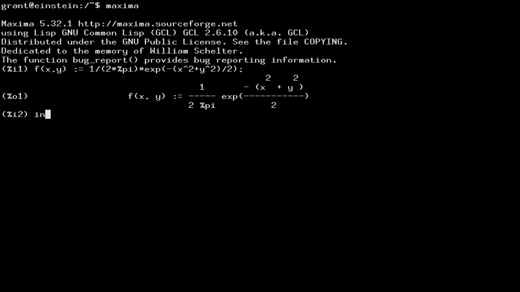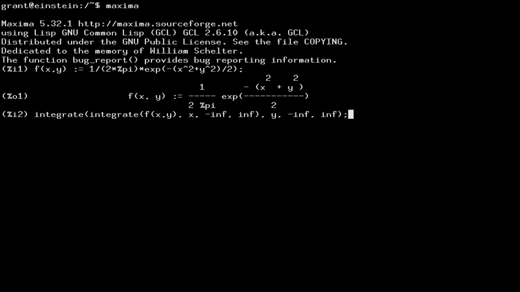So I want to integrate, but this is a two-dimensional PDF, so I need to do a double integral of my PDF, f of x,y, and I want x to go from minus infinity to infinity, and I also want y to go from minus infinity to infinity.